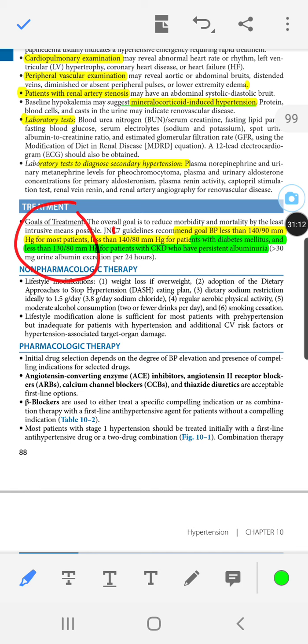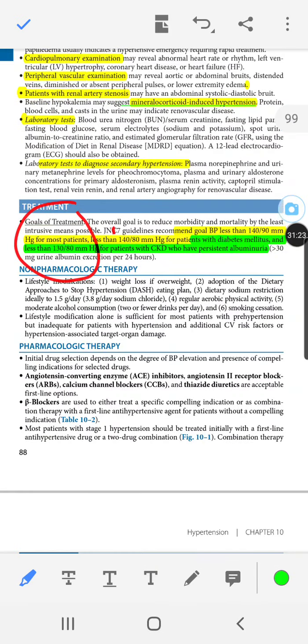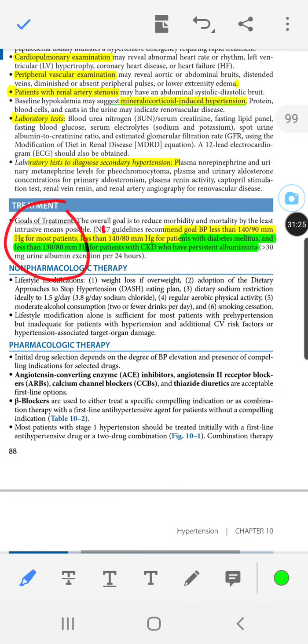Or if the patient has CKD, the blood pressure should be less than 130/80. So you have to keep in mind, if the patient is suffering with diabetes mellitus, then the blood pressure goal will be lower.